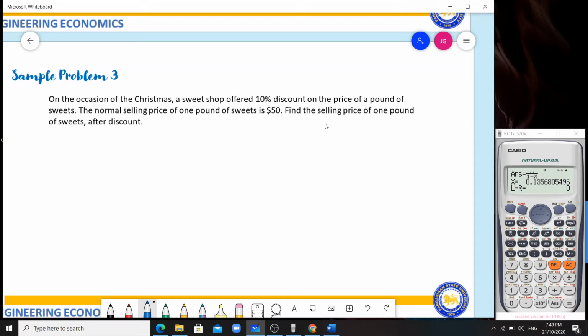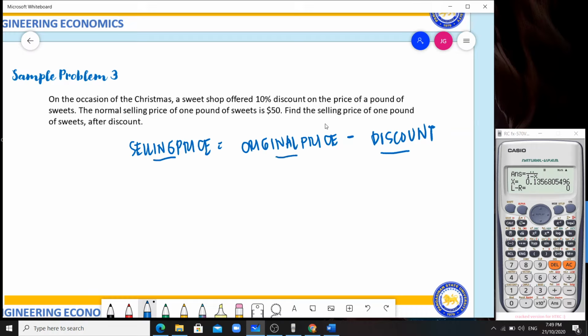Usually the selling price is equivalent to the original price minus the discount. So, this is selling price, original price minus discount.